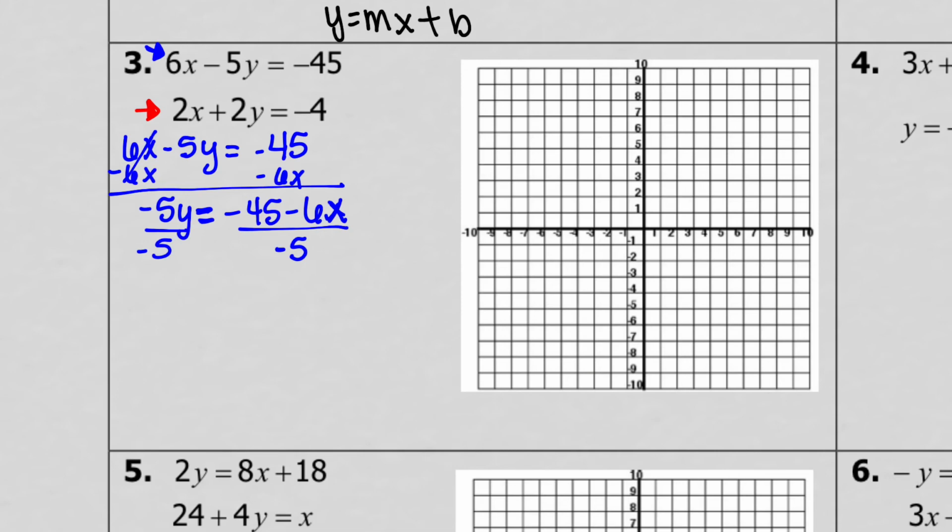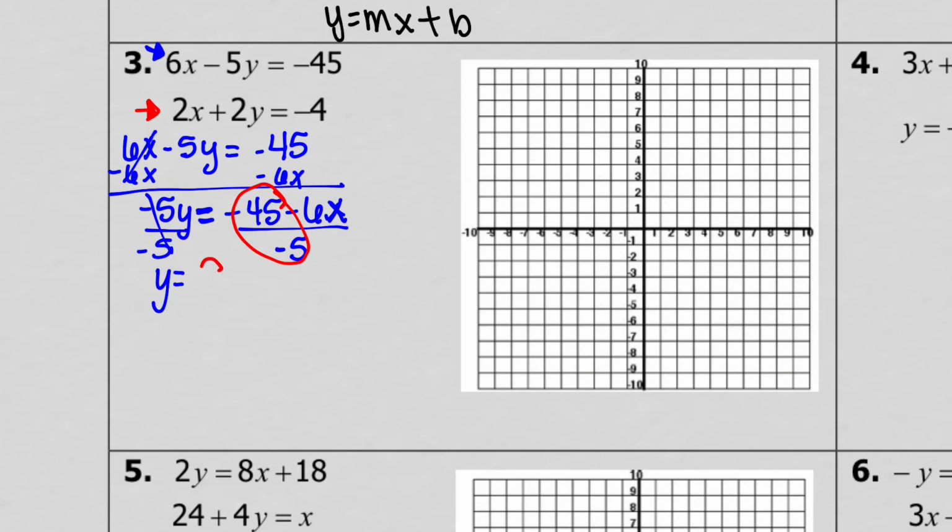So we're going to get rid of that. So we're going to have y equals. What is -45 divided by -5? What's 45 divided by 5? 9. And if I have a negative over a negative, is it a negative or a positive?